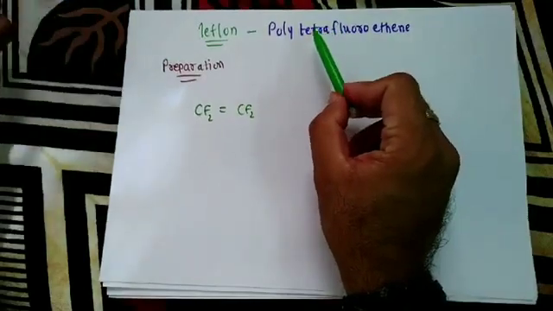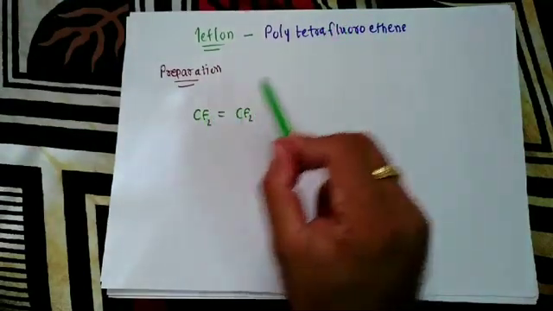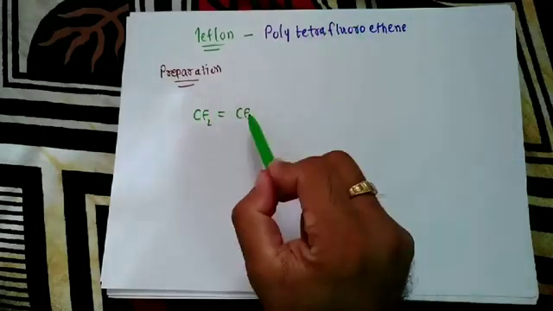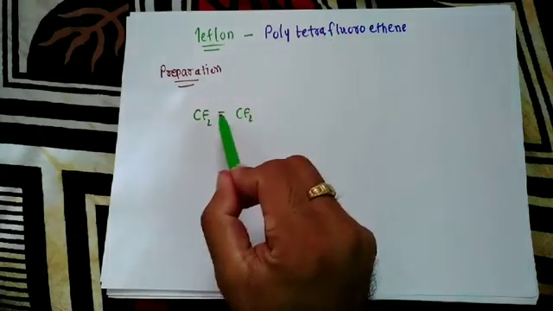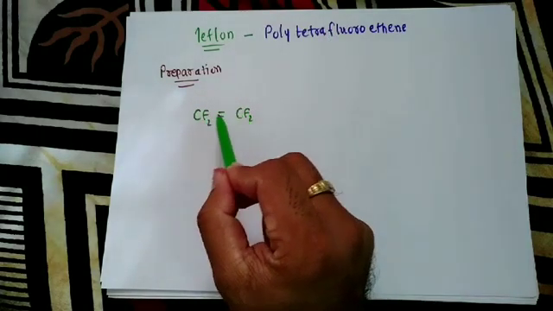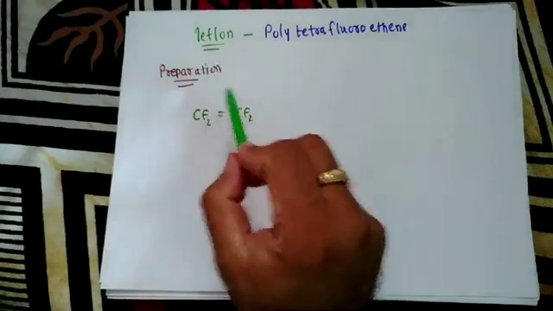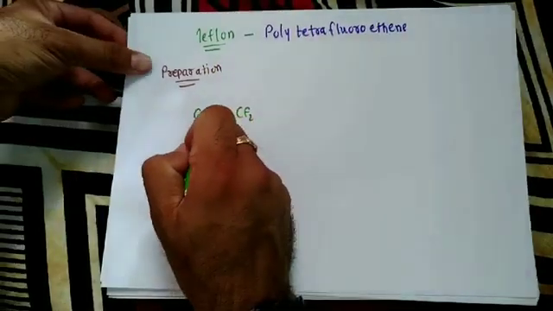The name itself suggests tetrafluoro: tetra means 4, fluoro means fluorine. The monomer is tetrafluoroethene, so it has 4 fluorine atoms, and ethene means it has a double bond and 2 carbons.